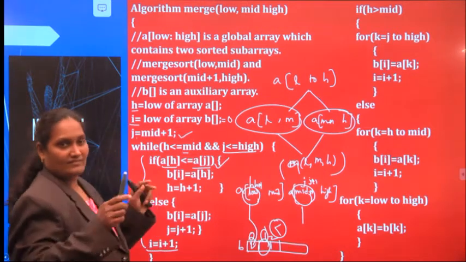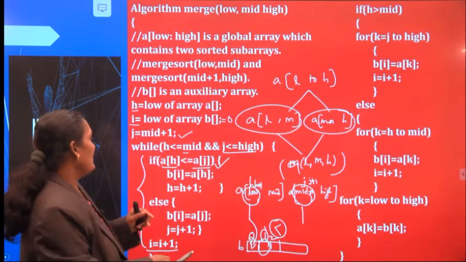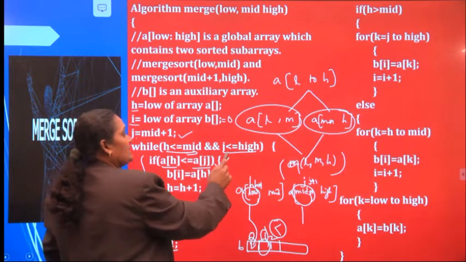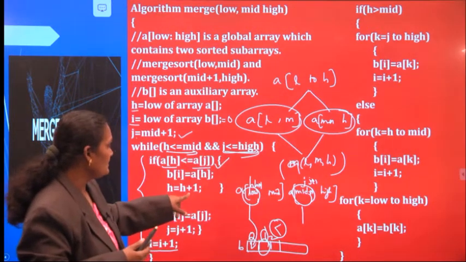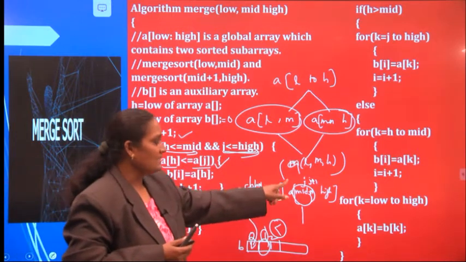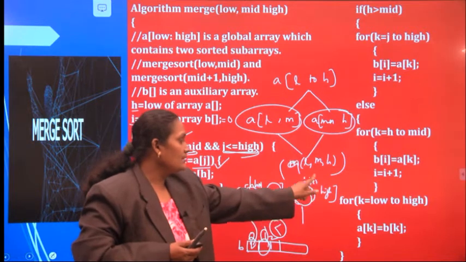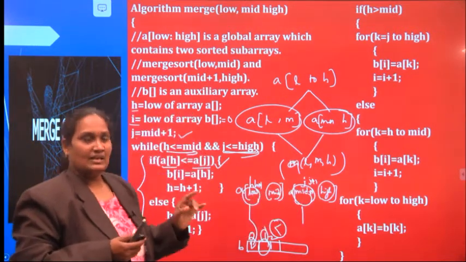Up to which condition is reached, it repeats: whether we reached the H value to mid or we reached the J value to high. So here we are incrementing the H value. By incrementing the H value, somewhere we may reach mid. By incrementing the J value, somewhere we can reach high.